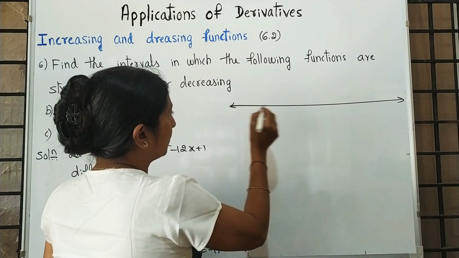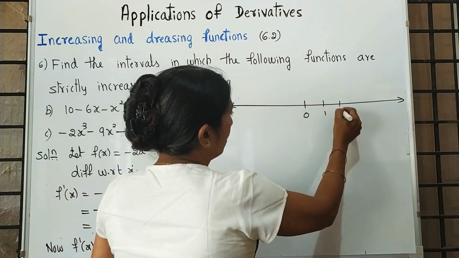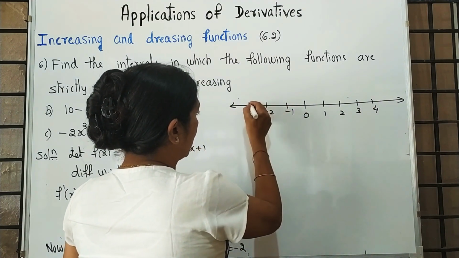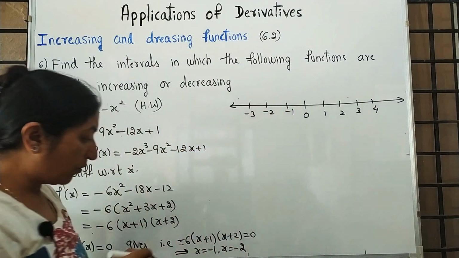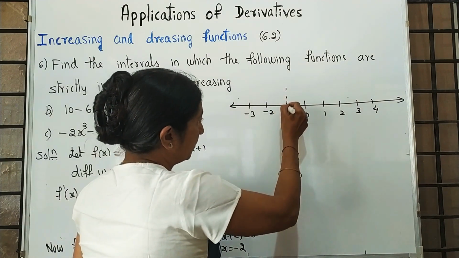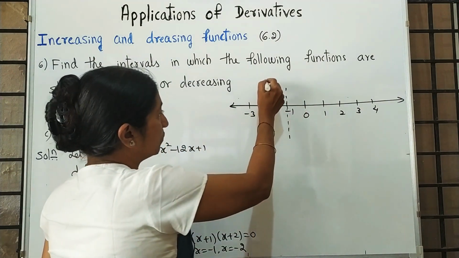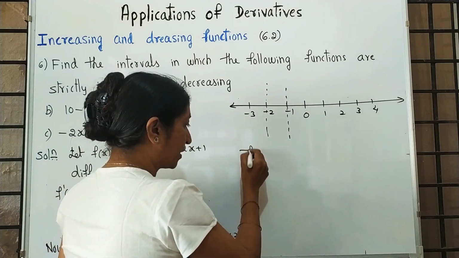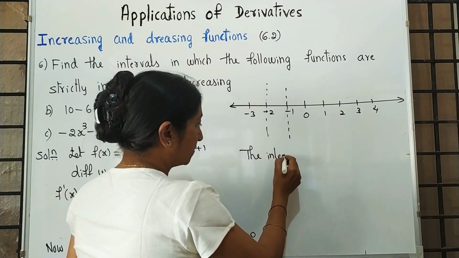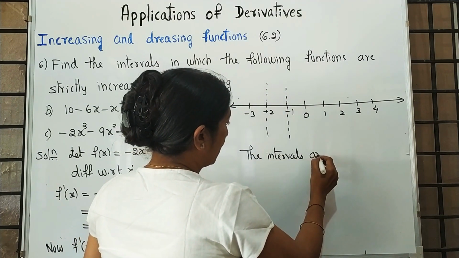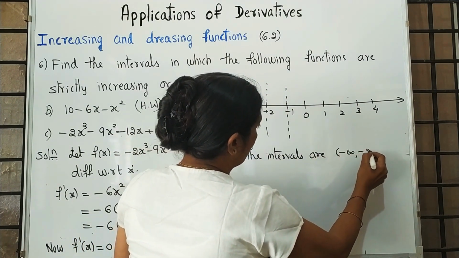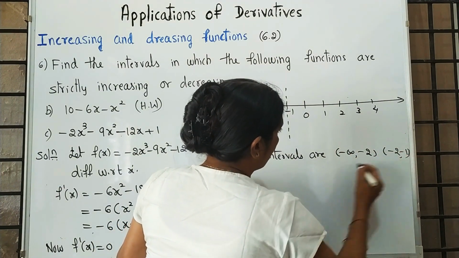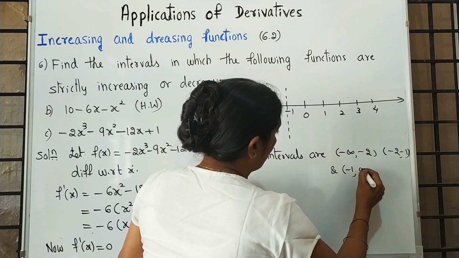This is 0, 1, 2, 3, 4, and minus 1, minus 2, minus 3. We have to mark first minus 1, then minus 2. See, this is one part, second and third. The intervals are minus infinity to minus 2, minus 2 to minus 1, and lastly minus 1 to infinity.